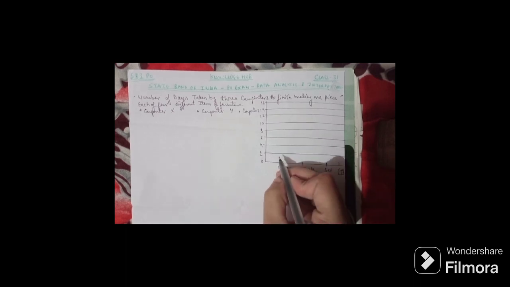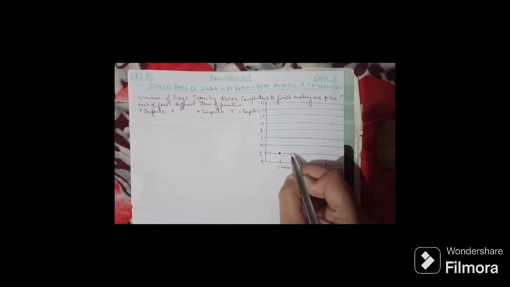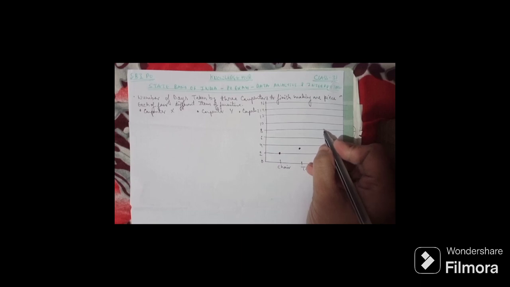Now we will go one by one. Here it is, chair for 2, then table for 3, then bed for 8, and then the cupboard is for 10.